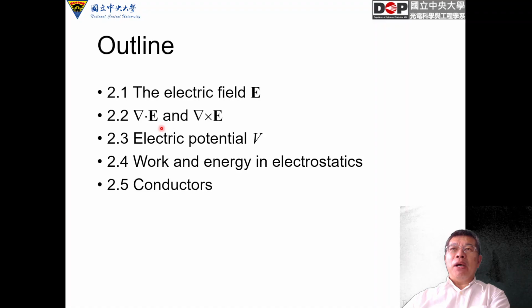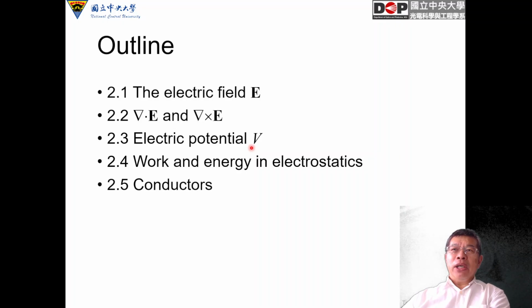And then because of the properties we talked about earlier in the mathematics, we can define something new called the electric potential. We note it as V, which is a scalar field. It is also distributed all over the space, but it is a scalar.